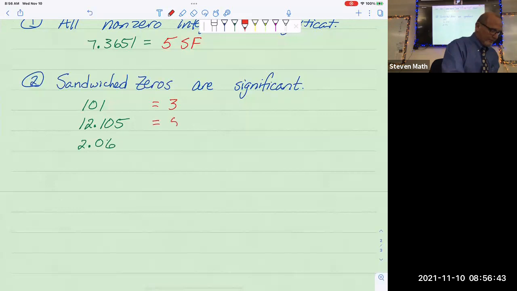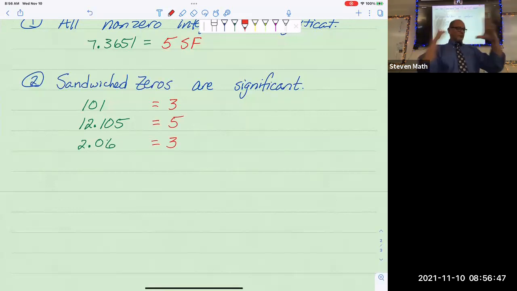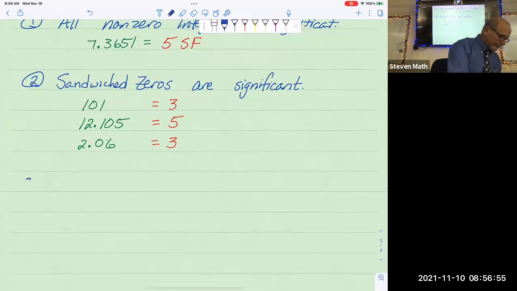Like 3, 0, 5, 3: there are zeros in the middle of a number. They've been measured, so they're accurate. They're significant. They're important to us.